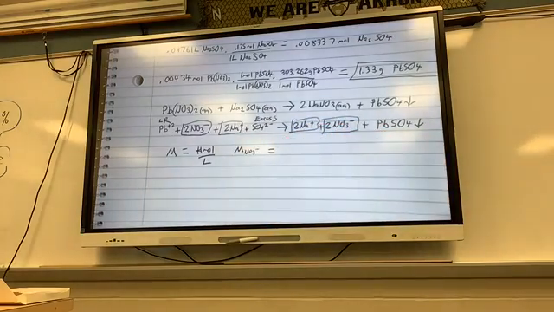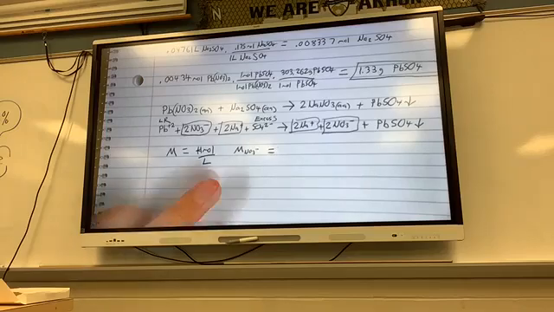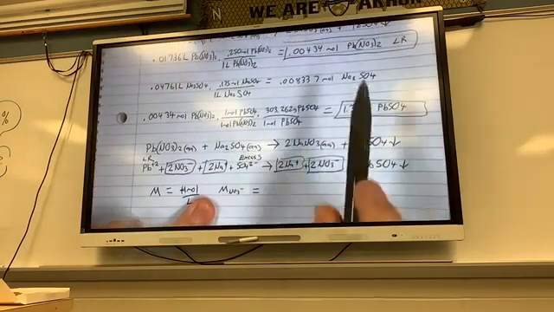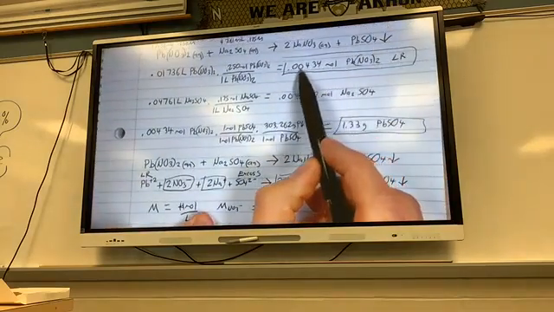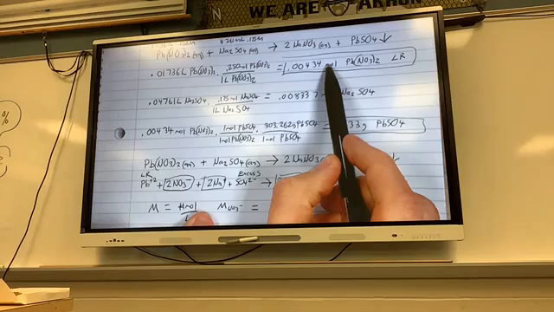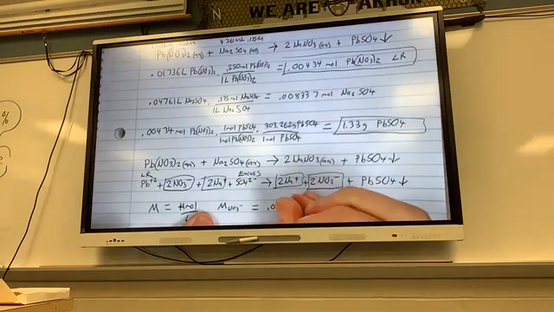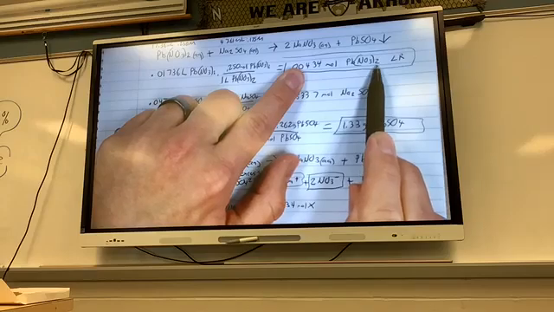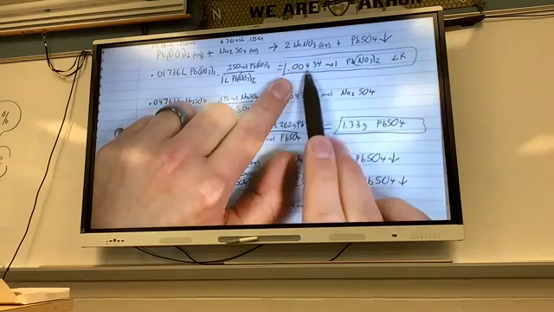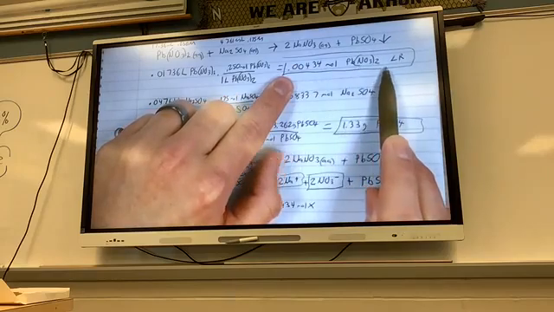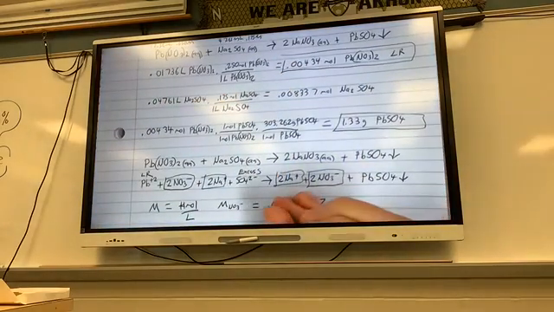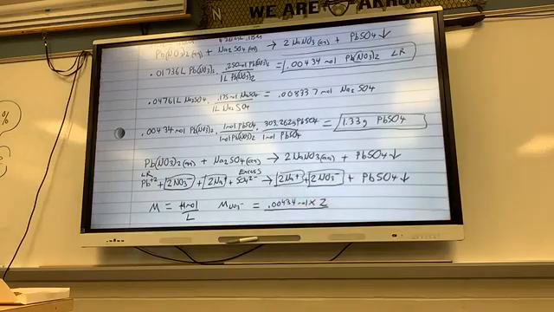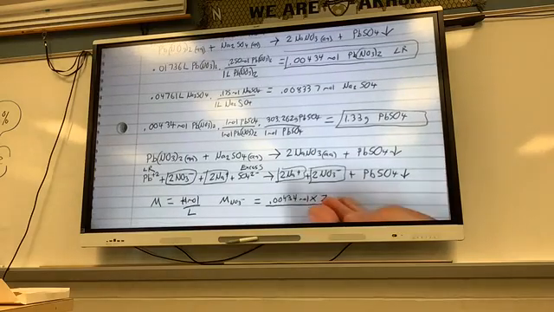How many moles of NO3 minus do I have? I have up here 0.00434 moles times 2, because there's 2 NO3s. Are you guys okay with that? Divided by how many liters? I have to figure out my liters here.